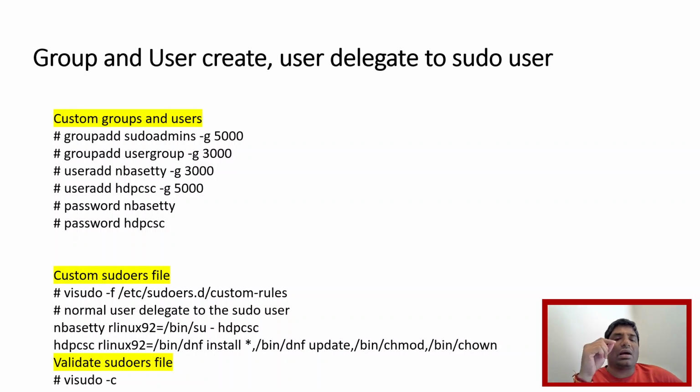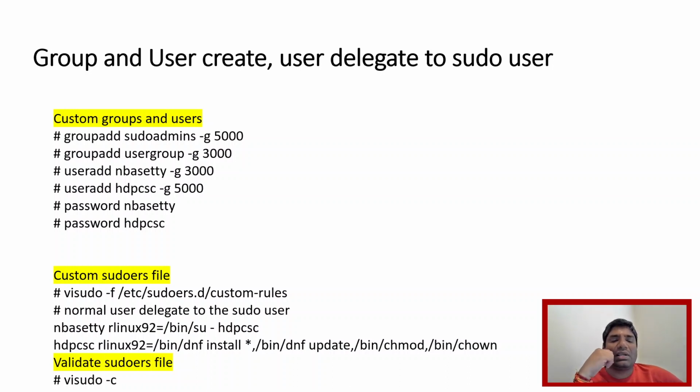And also, I'm going to create here a custom sudoers file. So sudo is the command to use and create a sudoers file, and then you can set up your instructions as you have seen as a part of the sudoers file in the previous slide.